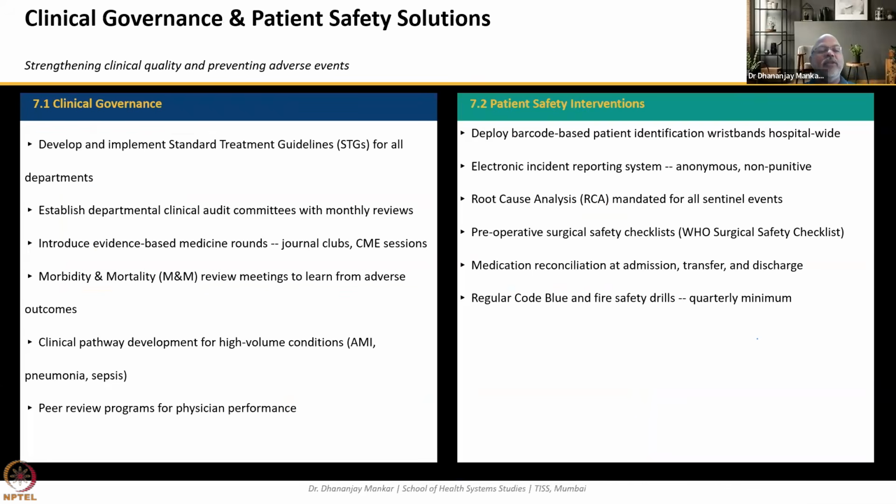Clinical governance has developed, and you may find that it has reflected, with the development and implementation of SOPs for all the departments, established departmental clinical audits with monthly reviews, which shows the hospital that clinical governance has shaped the entire thing, and reduction in mortality and morbidity by review meetings by the HODs and working on the adverse outcomes.